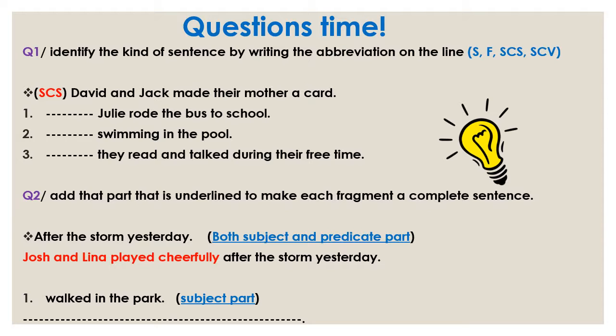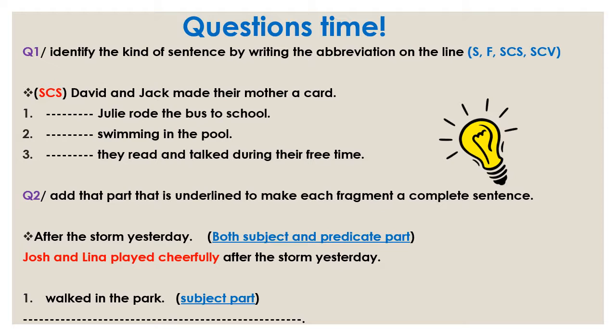Now look at question number 1. Identify the kind of sentence by writing the abbreviations on the line. So you're going to tell me what type of sentences these are. How? By writing the abbreviation. So you have the abbreviations right here.